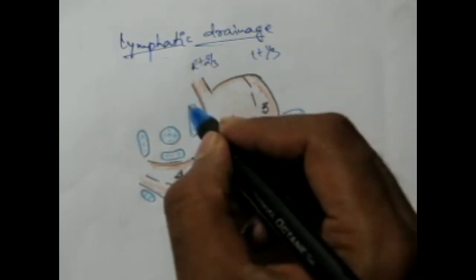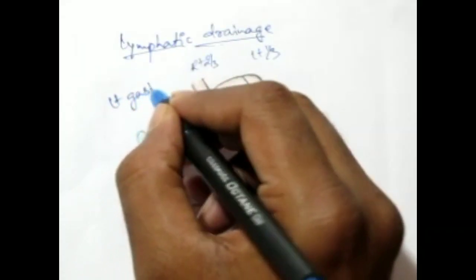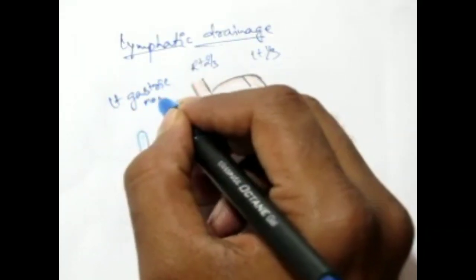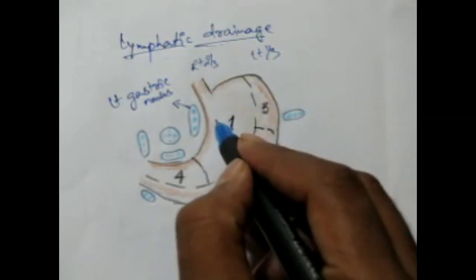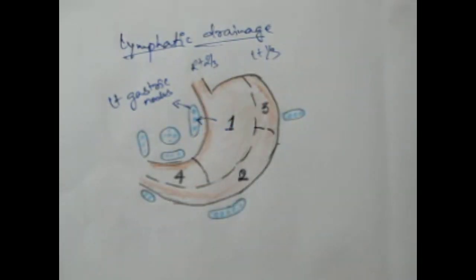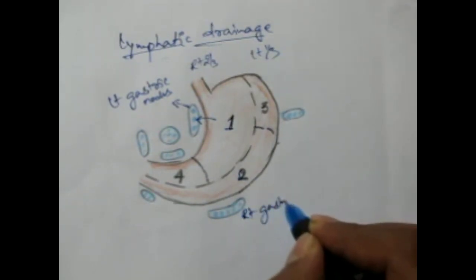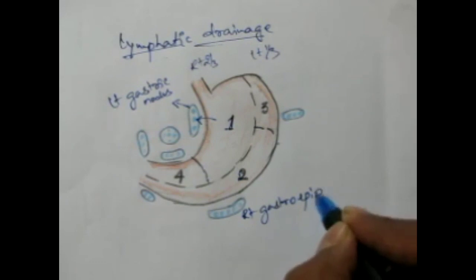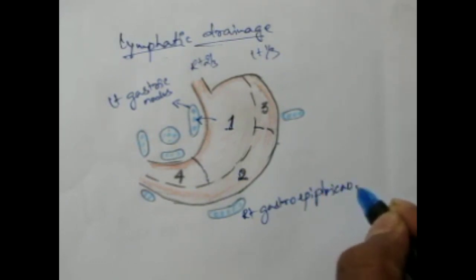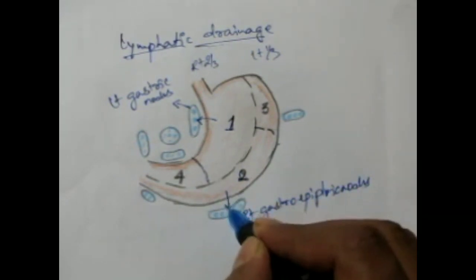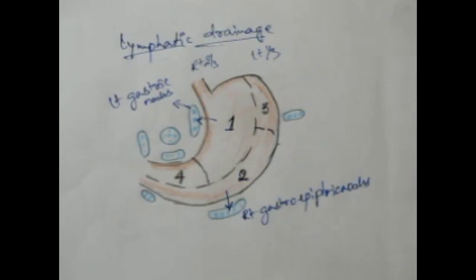Area 1 drains to the left gastric nodes. Area 2 drains to the right gastroepiploic nodes.